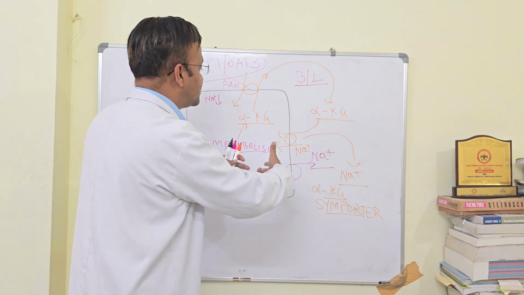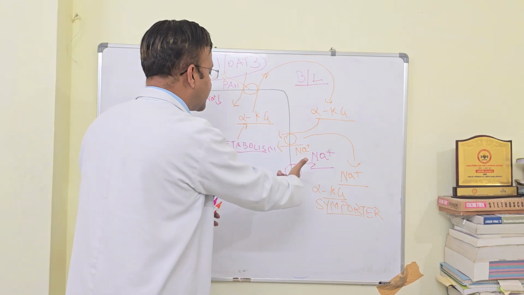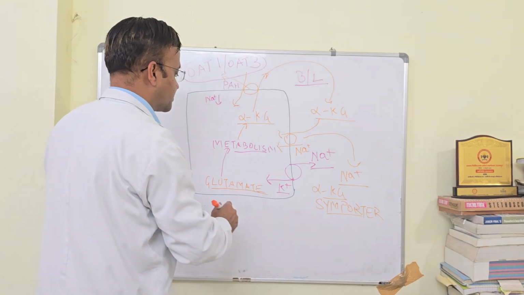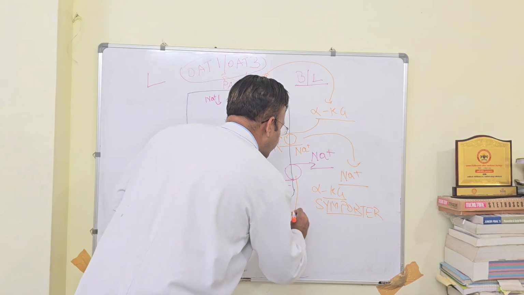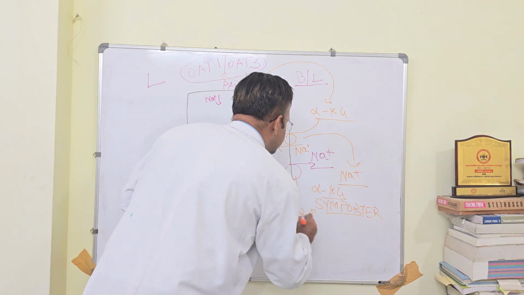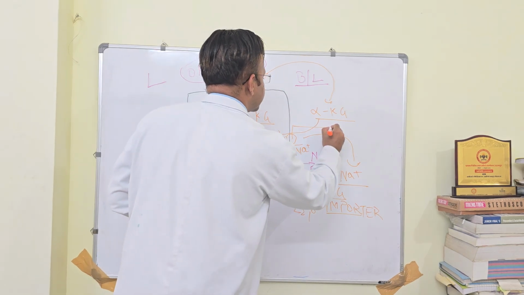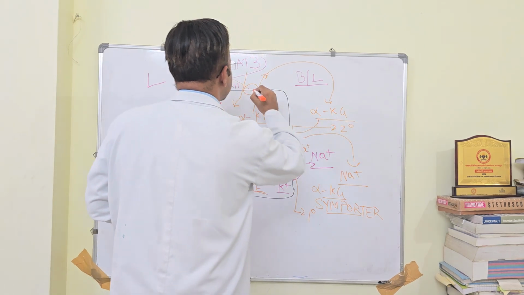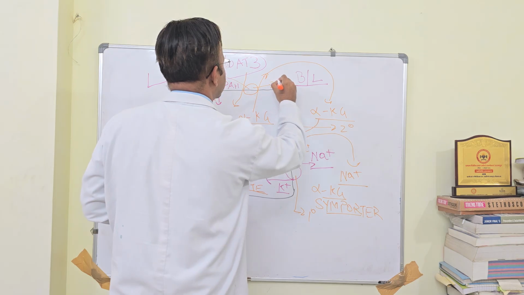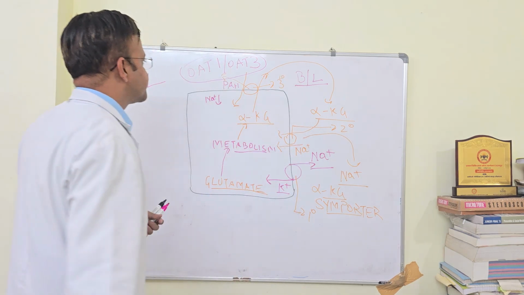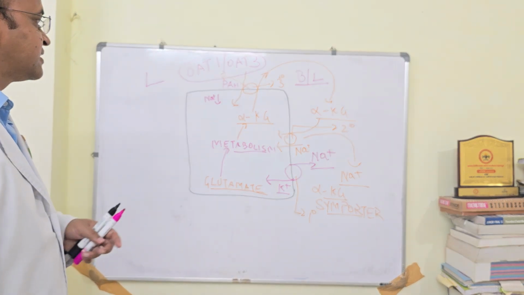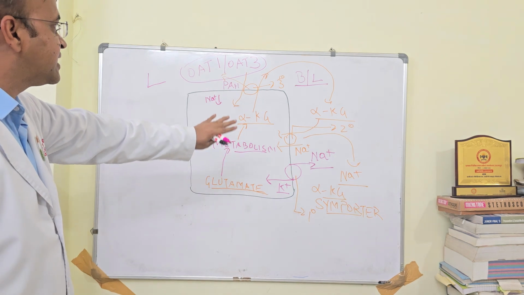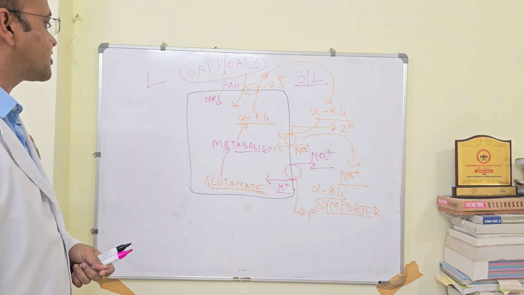Secondary active transport uses a gradient created by primary active transport. So this explains the concept of primary, secondary and tertiary active transport, right?